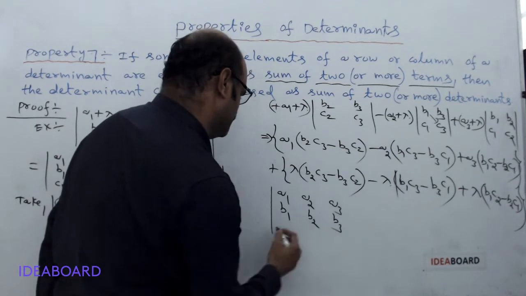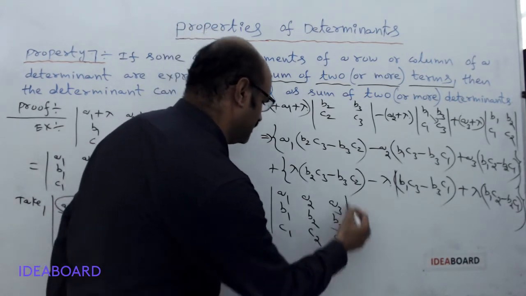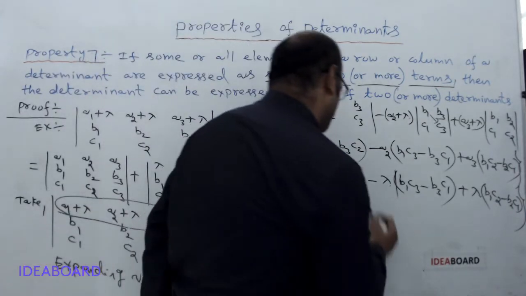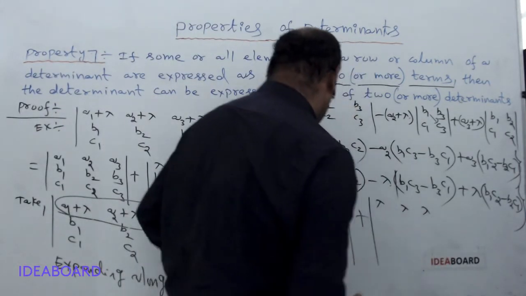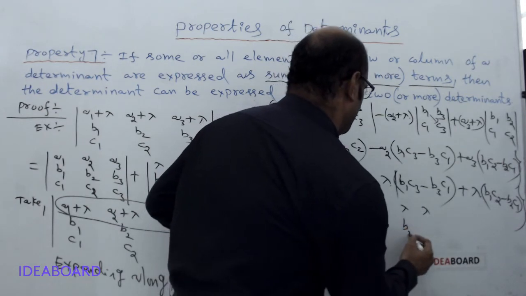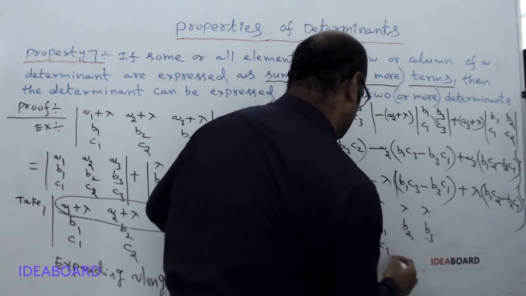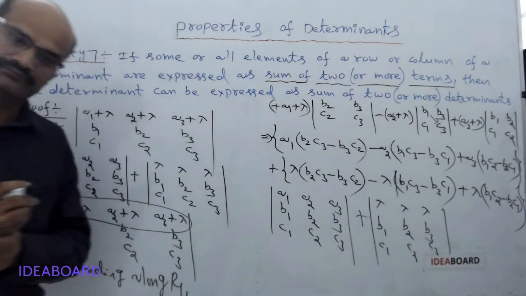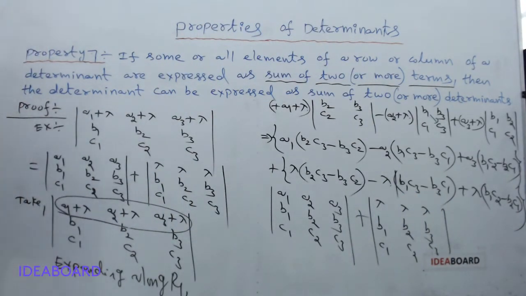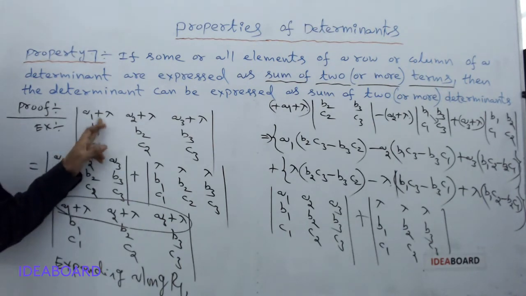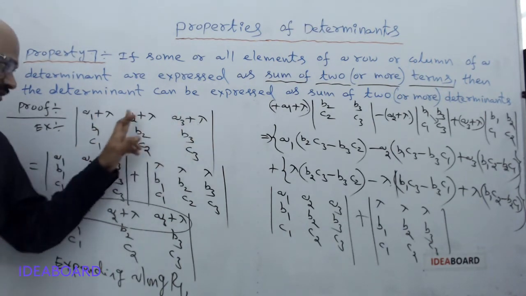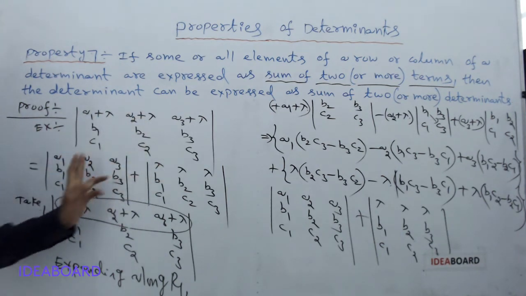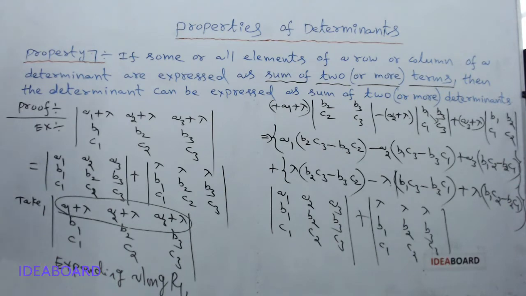B2, B3, C1, C2, C3, plus determinant of lambda, lambda, lambda, B1, B2, B3, C1, C2, C3. So whenever the determinant is a sum of two elements, that can be expressed as a sum of two determinants.